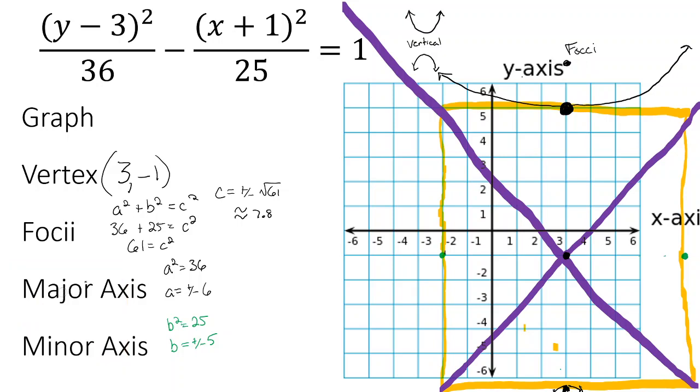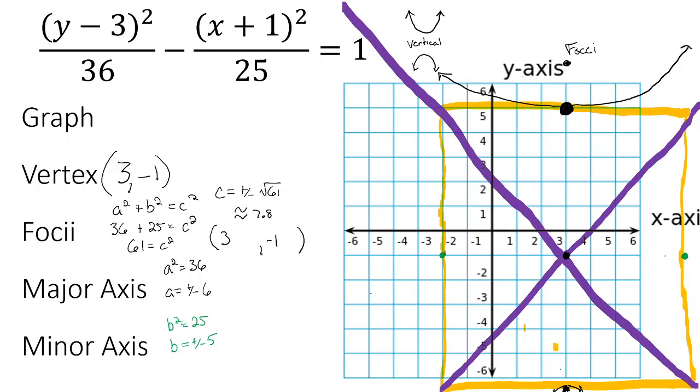If I want to find the coordinates of it, again, I'll start with my vertex, which is at 3 and negative 1.